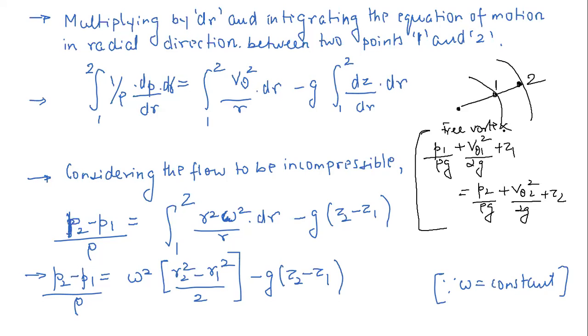It doesn't matter whether you are moving along the streamline or in a direction normal to the streamline; in the particular plane, the mechanical energy is going to remain constant. So is this equation going to remain the same for a forced vortex flow also? Think about that.